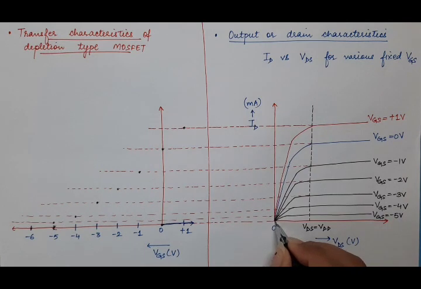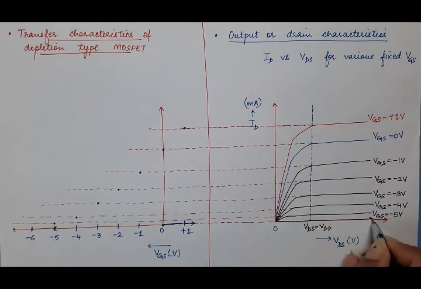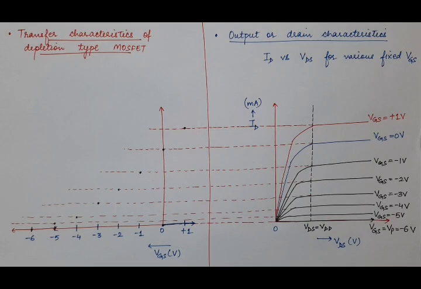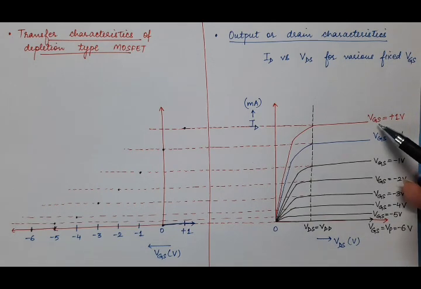And here when VGS is made equal to the pinch off voltage, which is -6 volts, at that time drain current is 0. So this is the case. And when we have made this VGS gate terminal more positive with respect to source, the drain current increases.